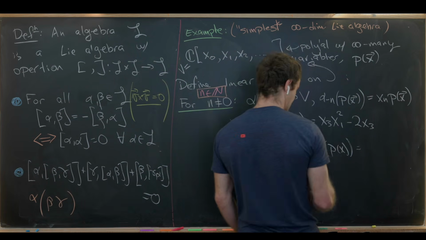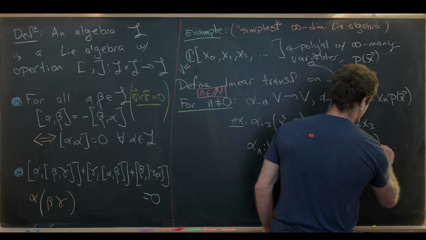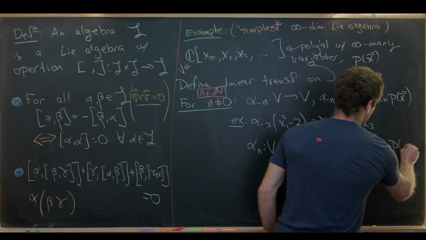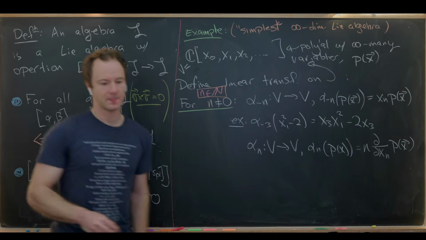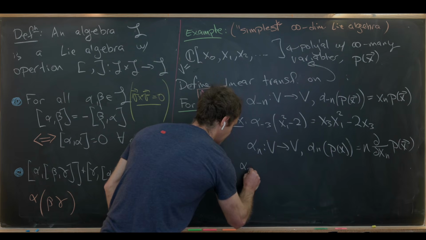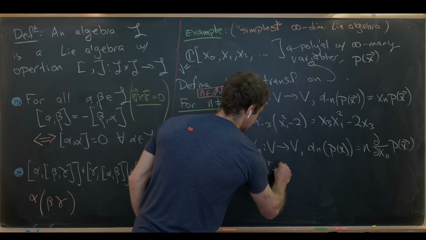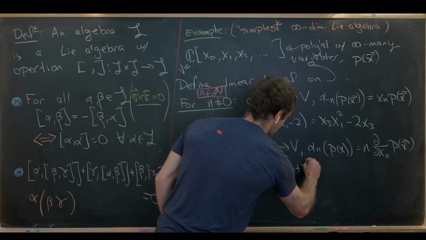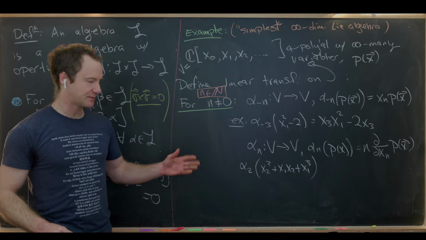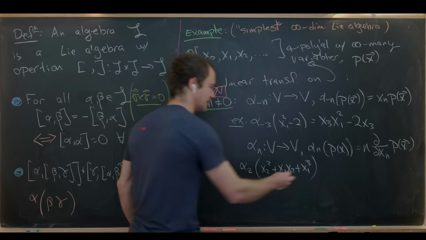So we could write this as n times the derivative with respect to x_n of p(x). So we could define it like that. So here we could do another example. Let's say we do alpha 2 acted on x2 squared plus x1 x2 plus x1 cubed.